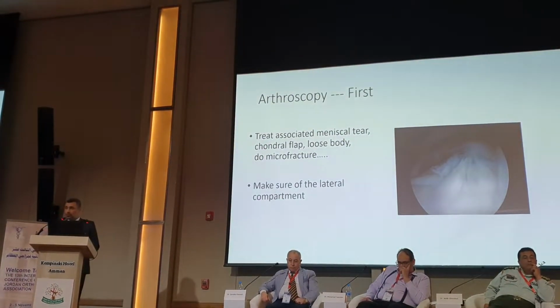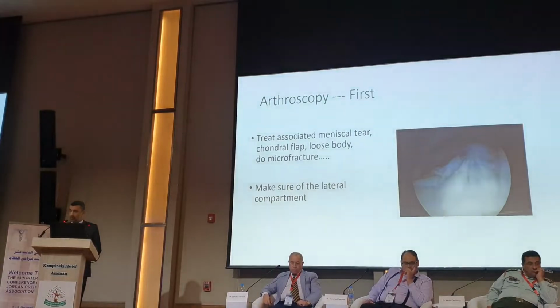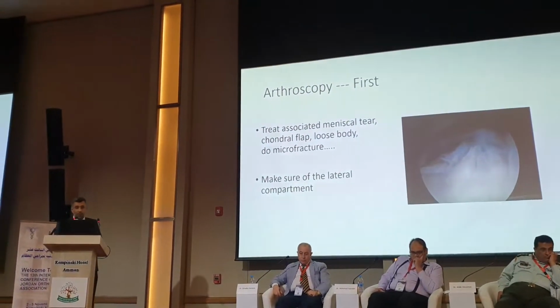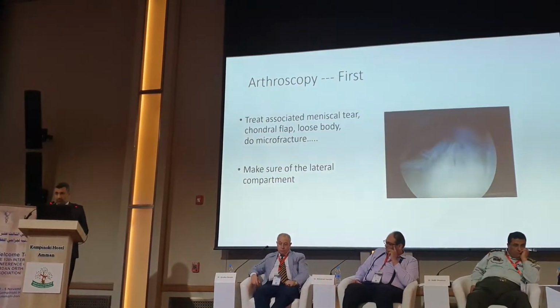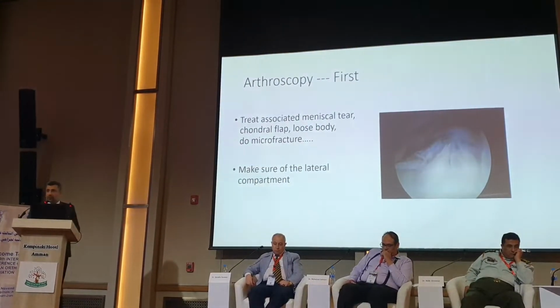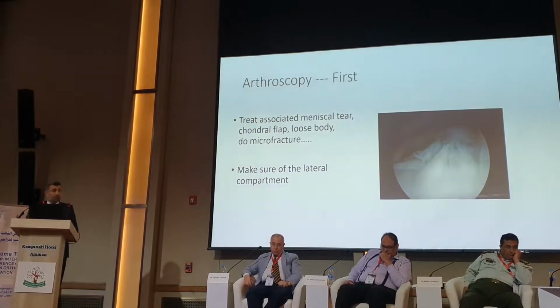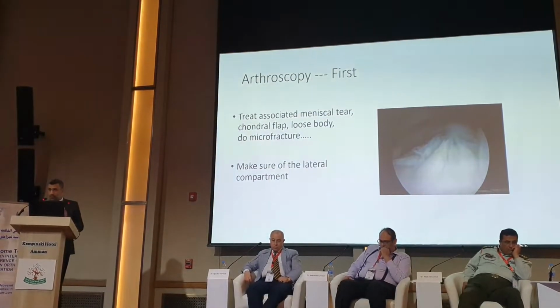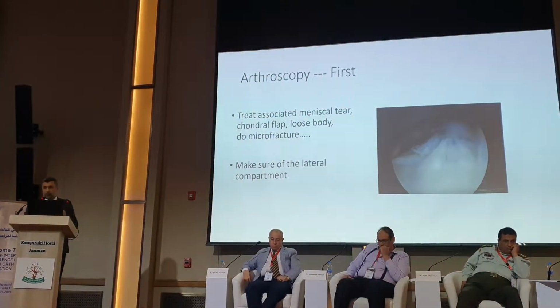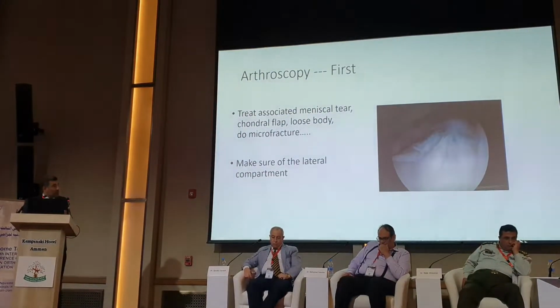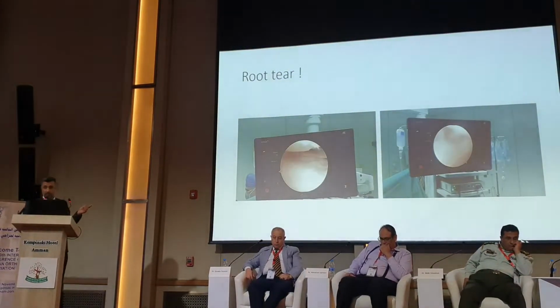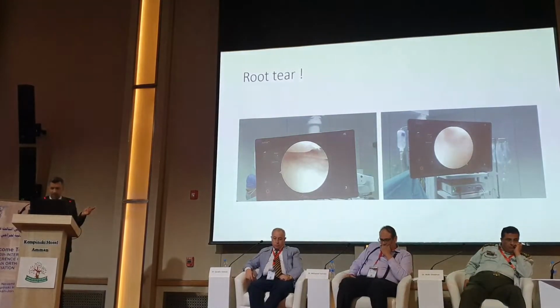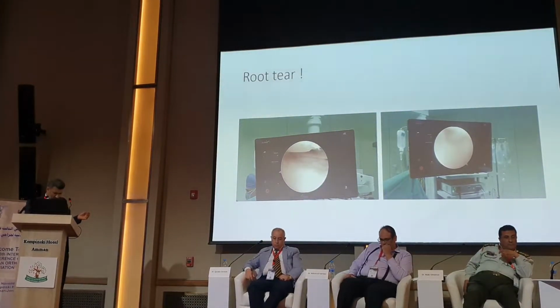So, to do arthroscopy or not when doing osteotomy, I will always do it, because most of the time I have something to do, like treatment of a condyle lesion, microfracture, or meniscal pathology. And very important, to make sure of the lateral compartment, which I will overload, so it should be normal.